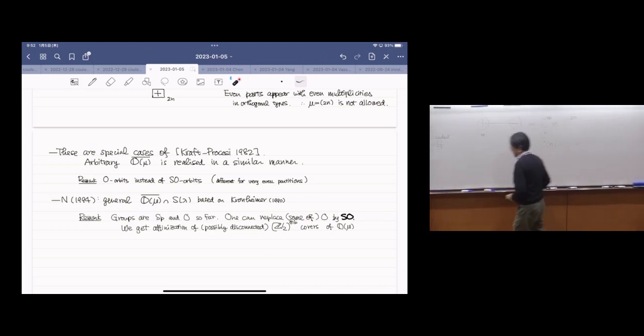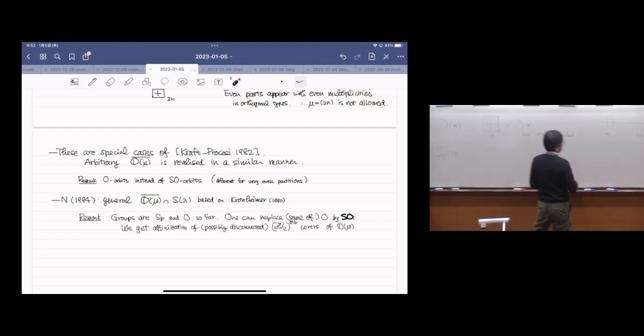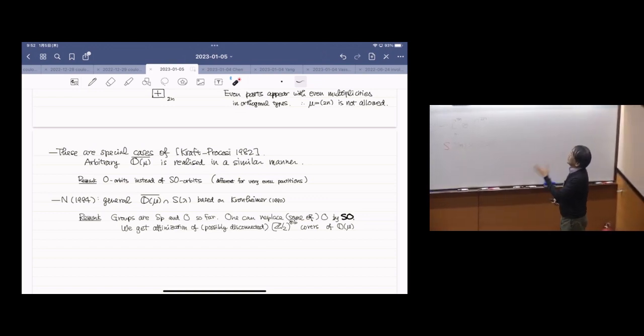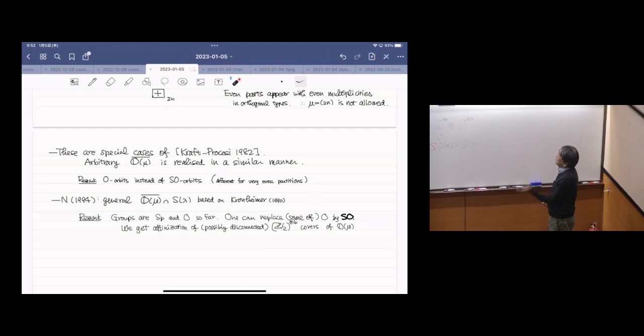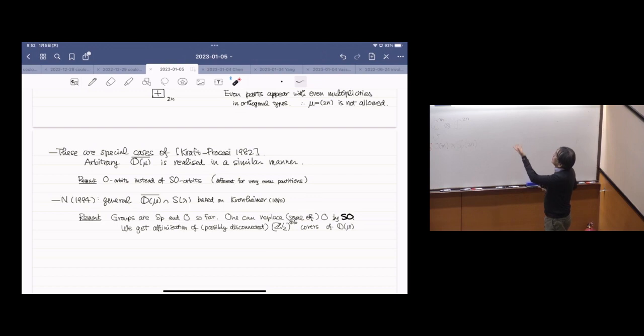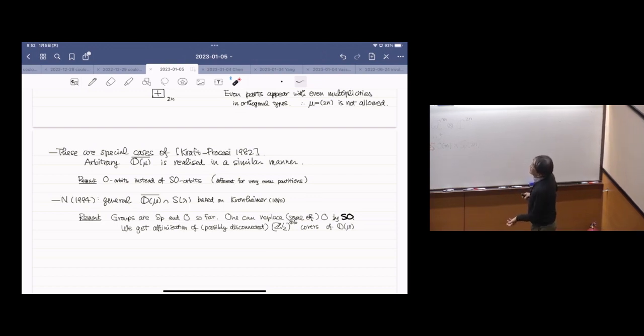If you replace O by SO, in some cases the quotient becomes isomorphic, but in some other cases you could get covers of the orbit closure in this Kraft-Procesi construction. This could be an interesting cover or a trivial cover, so it depends on the situation. And this is a really delicate problem.